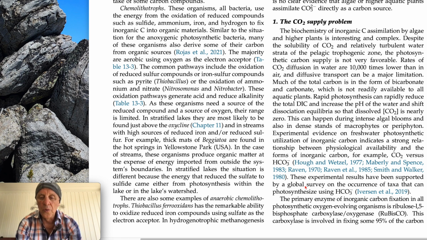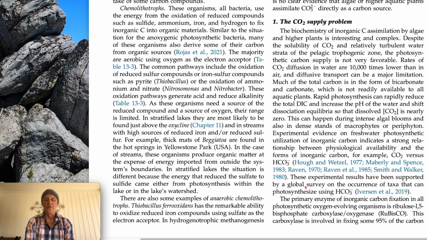Much of the total carbon is in the form of bicarbonate and carbonate, which is not readily available to all aquatic plants. Rapid photosynthesis can rapidly reduce the total DIC and increase the pH of the water and shift dissociation equilibria so that dissolved carbon dioxide is nearly zero. This can happen during intense algal blooms and also in dense stands of macrophytes or periphyton.